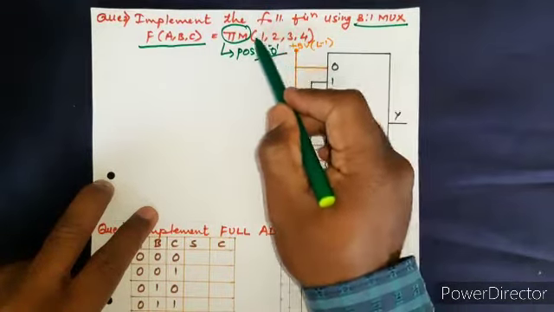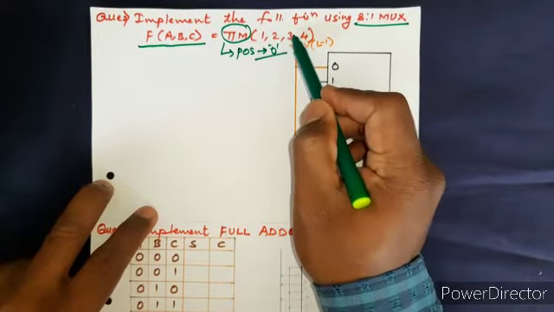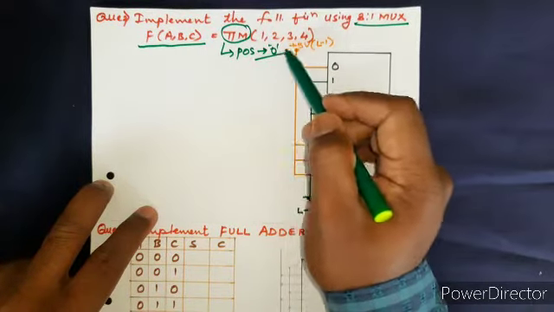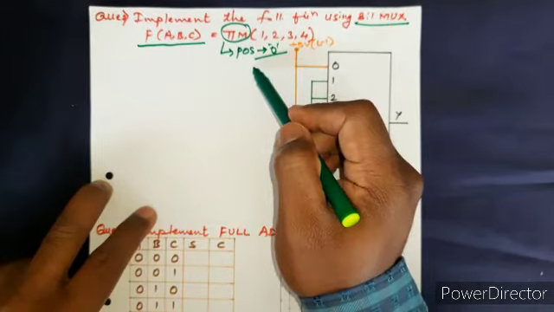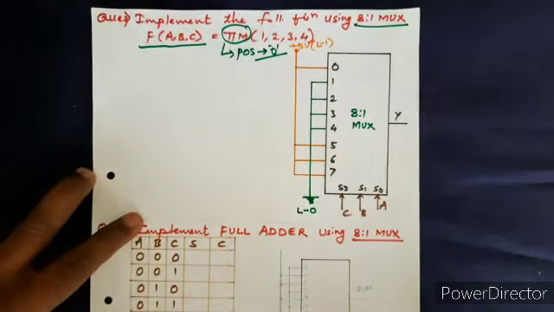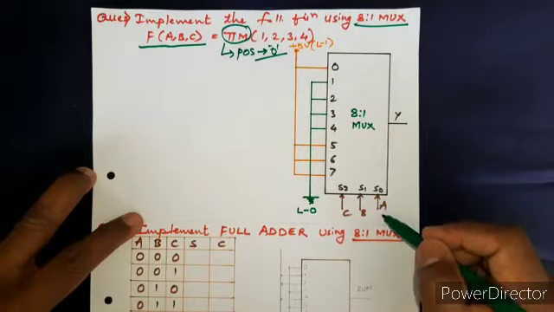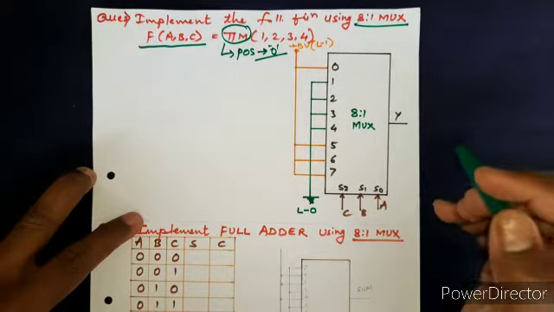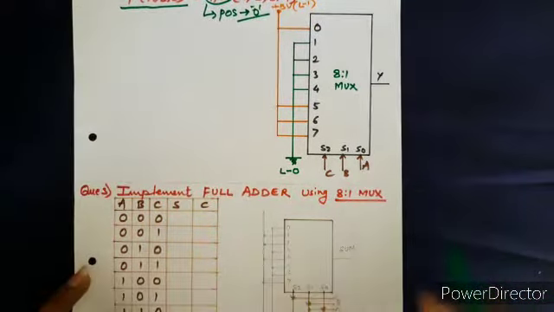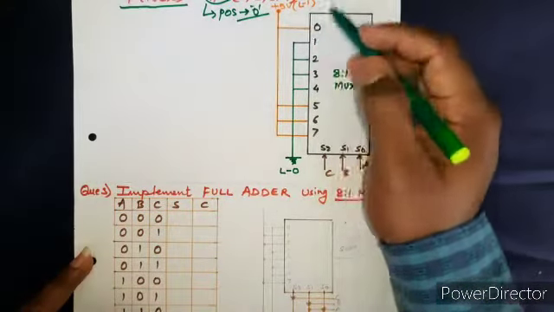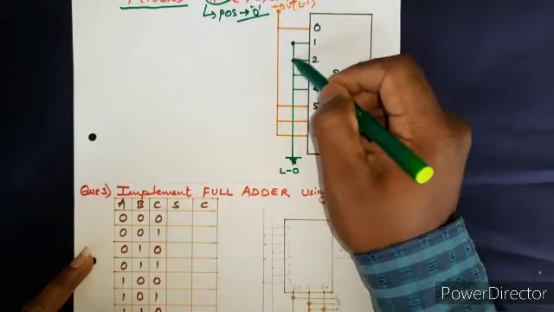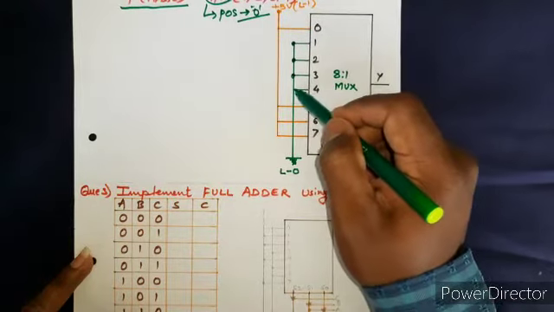So given these numbers 1, 2, 3, 4, they are supposed to be connected to logic 0 or grounded. So you can see here this is the 8:1 mux, and this is the output.